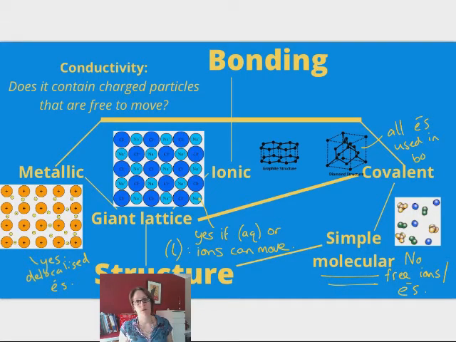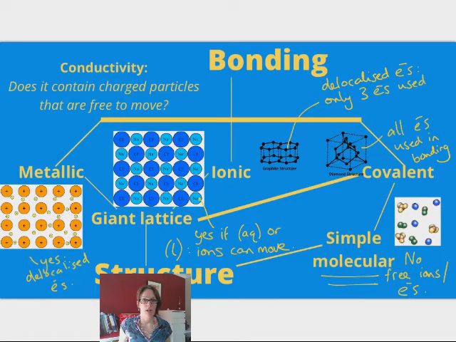Similarly, in diamond, all the electrons are used in bonding. So carbon makes 4 bonds in diamond, whereas in graphite, carbon makes 3 bonds, and so the extra electron can be thought of very much like the extra electron in, say, a group 1 metal.